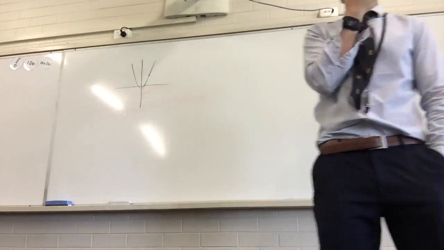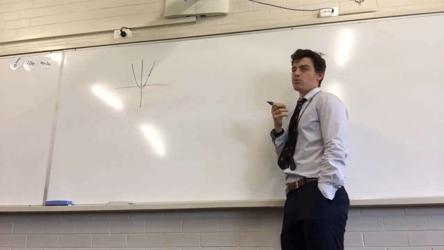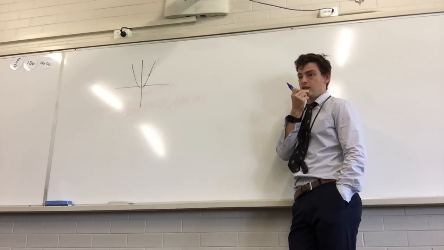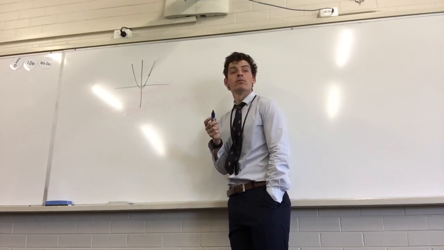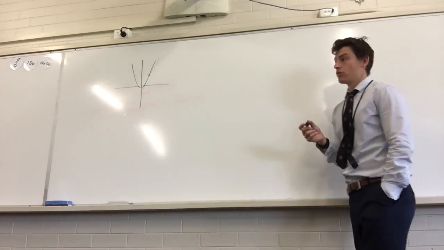Have we heard of first principles? Do you understand what first principles is going on about, or not really? It's about not getting two points, getting the secant line and then getting as close as infinity to instantaneous. Very good.